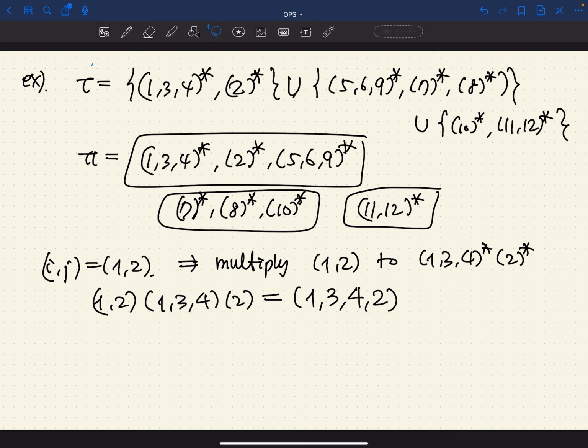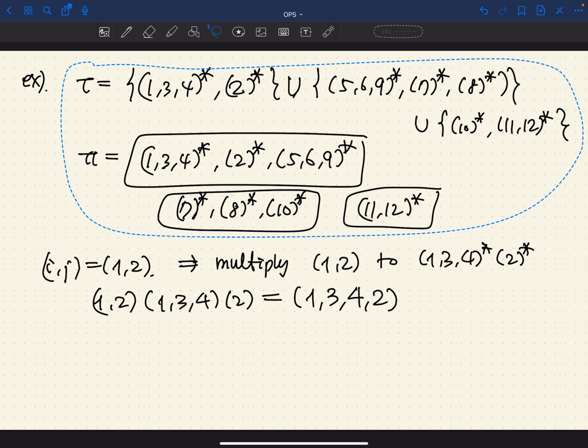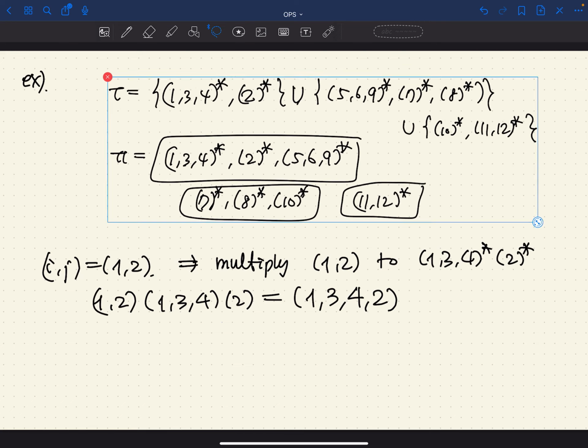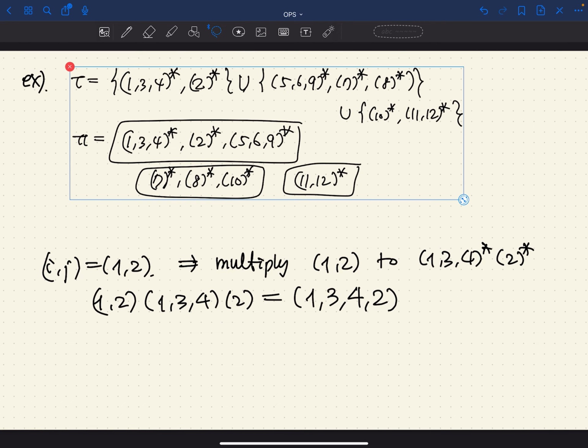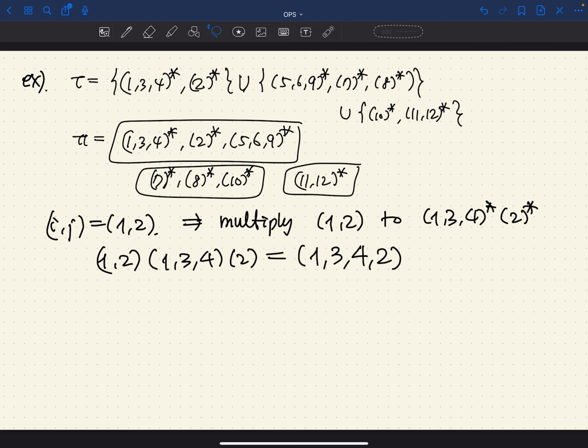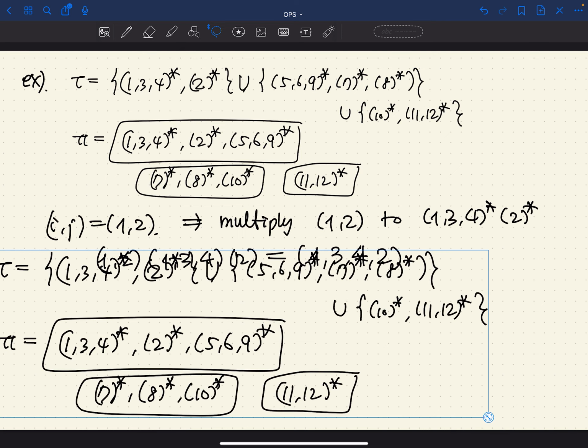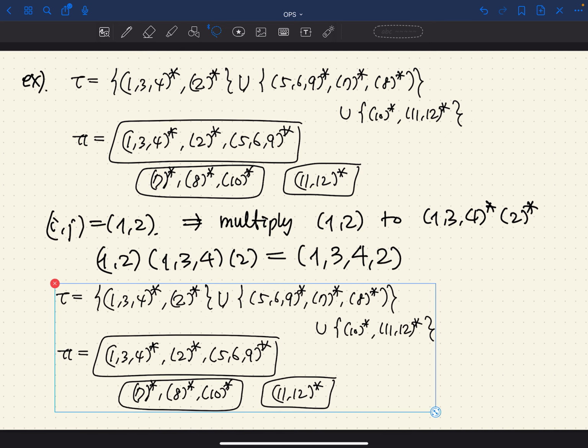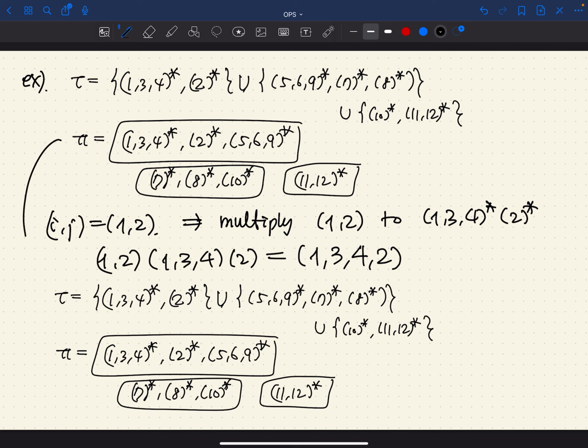So that means I'm gonna map this with, maybe I can make it a little smaller. Like this. So this will be mapped with this, where I'm gonna replace this by a new cycle.